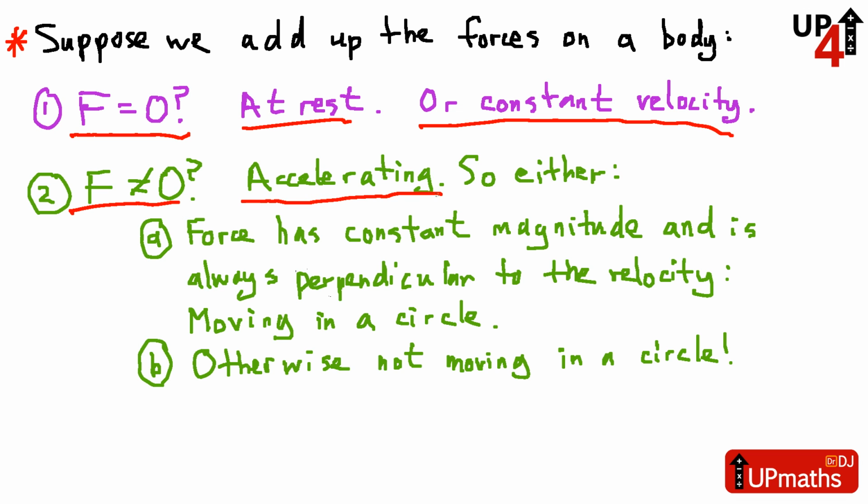Okay, so then it's accelerating. And we're going to kind of assume that it's constant acceleration. So either the force has constant magnitude and is always perpendicular to the velocity, in which case it's moving in a circle. Otherwise, all we can say is it's not moving in a circle. There we go.